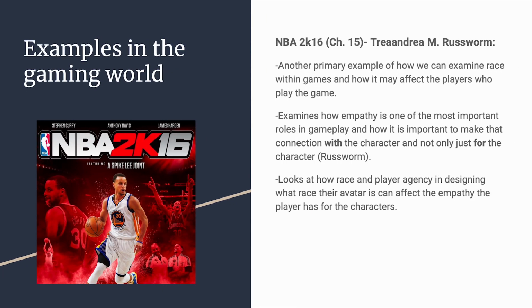And then I wanted to double check and look at another example that we've discussed in the reading in our class, which is NBA 2K16, Chapter 15 by Triandra and Russrum. This is another primary example of how we can examine race within games and how it may affect the players who play the games. This chapter examines how empathy is one of the most important roles in gameplay and how it is important to make the connection with the character and not only just for the character.